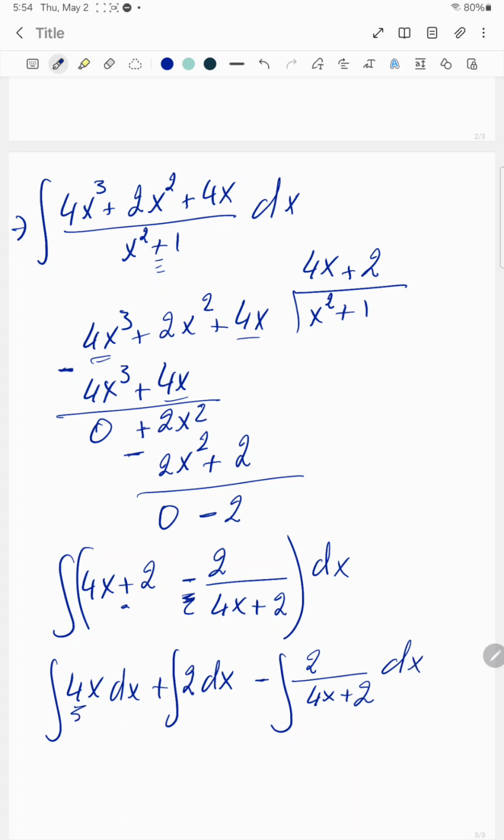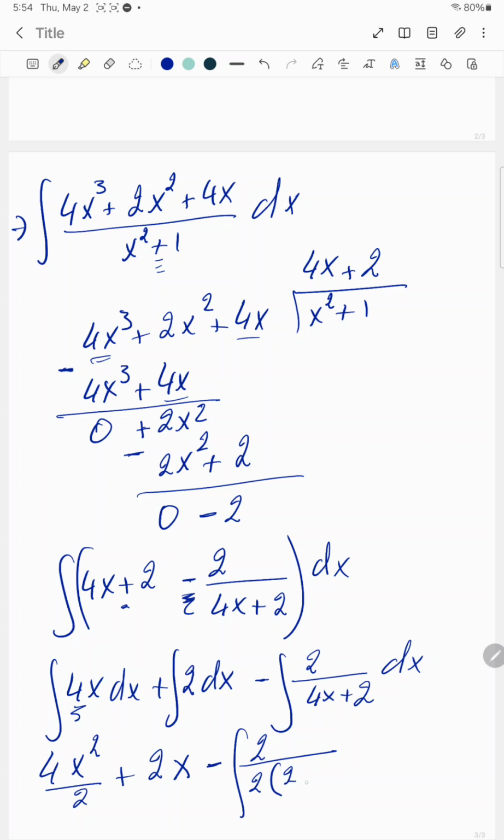So 4 is a constant, I take it outside my integral, and the integral of x is x squared divided by 2. 2 is a constant, I can take it outside my integral, and the integral of dx is x. And then here I will do it in 2 steps. I keep the 2 here, and then I can factor out 2 in the denominator.